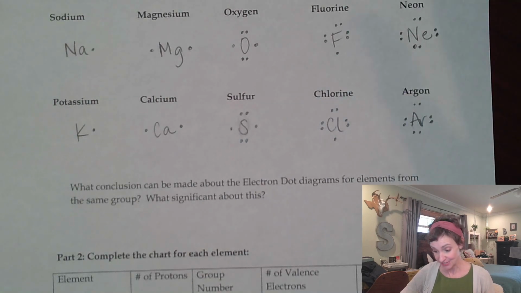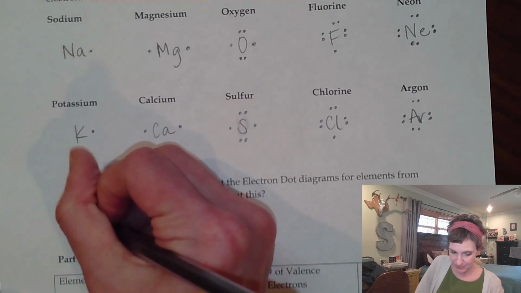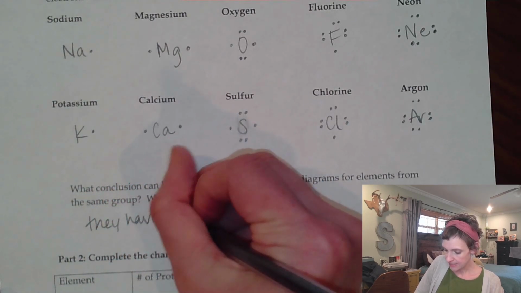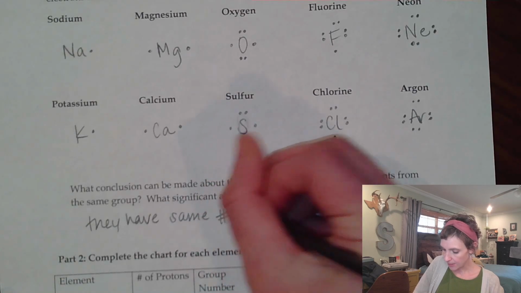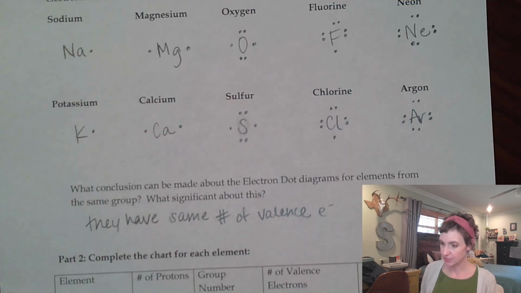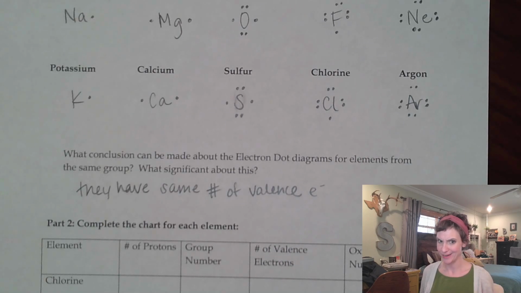It says, what conclusion can be made about electron dot diagrams for elements in the same group? Y'all, they have the same number of valence electrons. So we could write, they have the same number of valence electrons. The second part of the question says, well, what is significant about this?